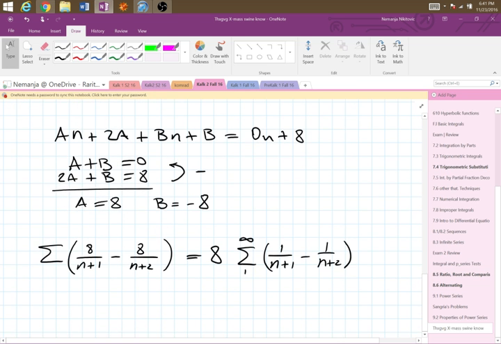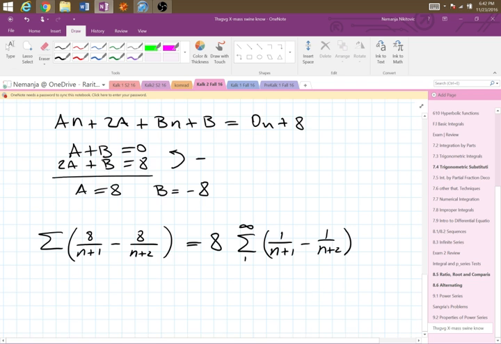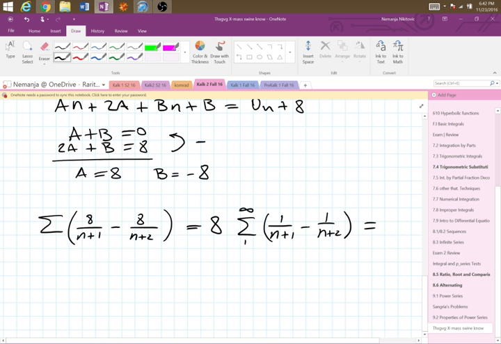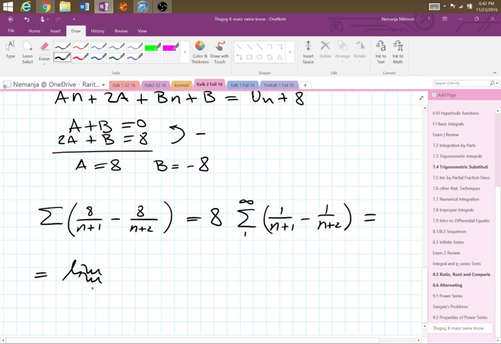So here's the mathematically correct notation. I'm going to find the limit as k goes to infinity for the series from 1 to k of 1 over n plus 1 minus 1 over n plus 2.